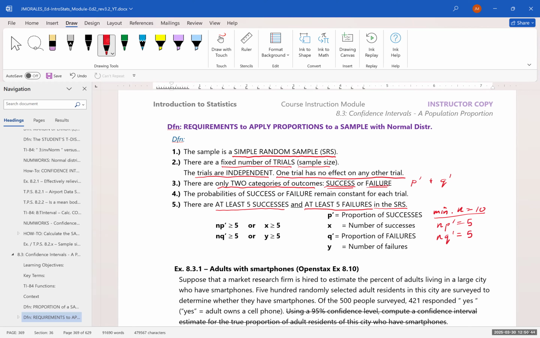But if, for example, you sampled 10 people, like for a political survey, and let's say you had a situation where you had 2 successes and 8 failures, that adds up to 10, but the number of successes is not 5.